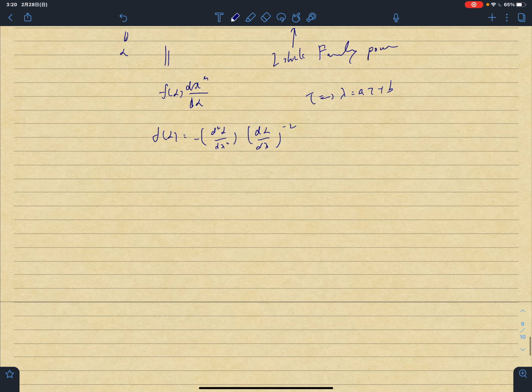Conversely, if the equation is satisfied along the curve, you can always find the affine parameter lambda of alpha for which the equation will be satisfied.